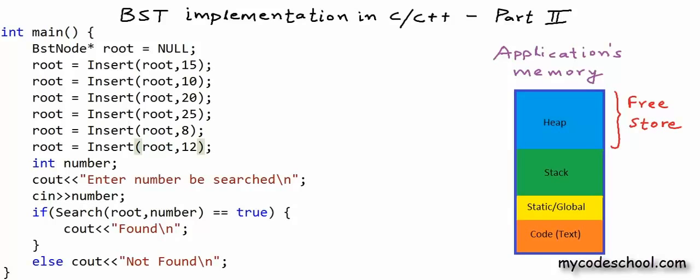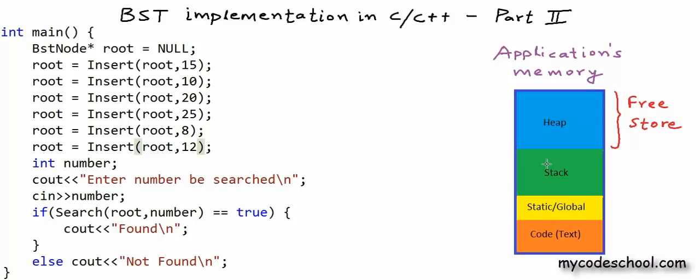The next segment, stack, is basically scratch space for function call execution. All the local variables, the variables that are declared within functions, live in stack. And finally the fourth section, heap, which we also call the free store, is the dynamic memory that can grow or shrink as per our need.